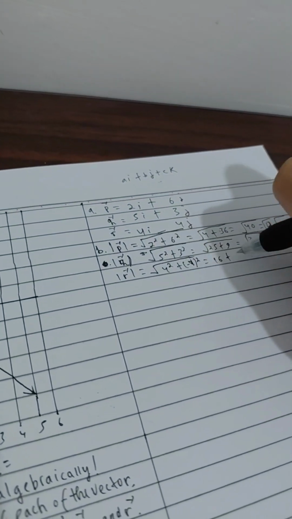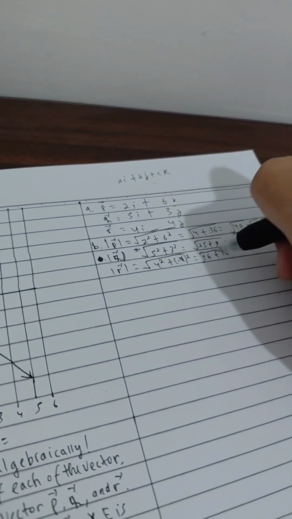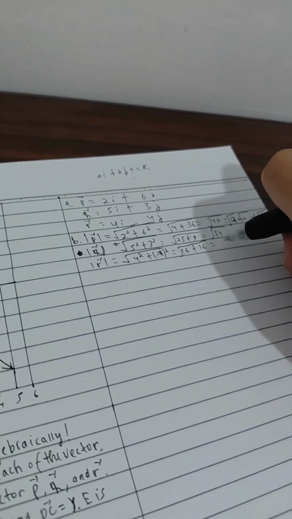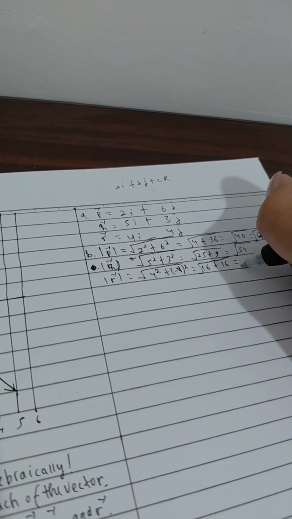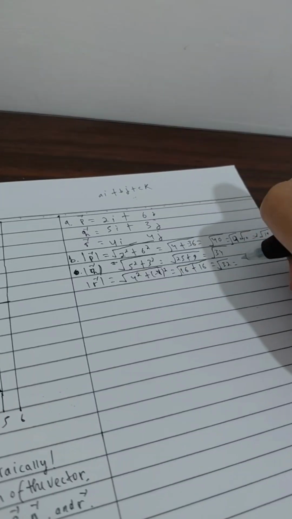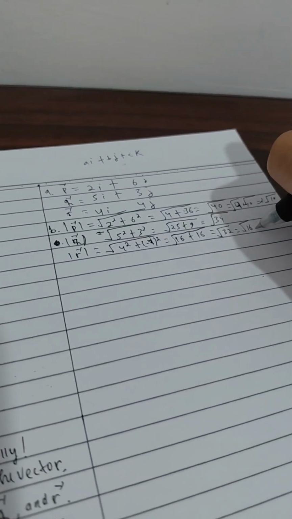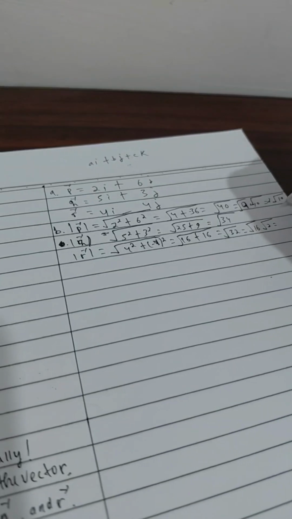So the answer is 16 plus 16, and then the answer is the square root of 32. 32 is the square root of 16 times the square root of 2. So the answer is 4 roots of 2.